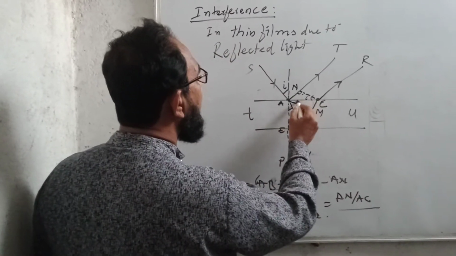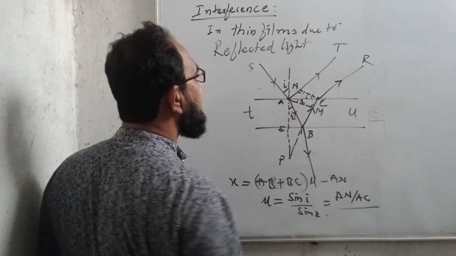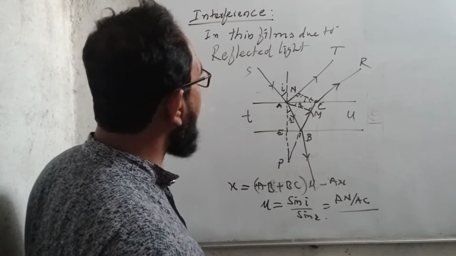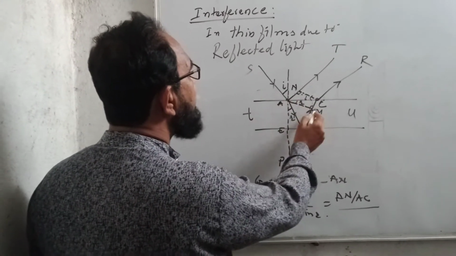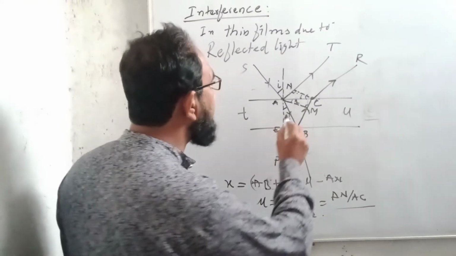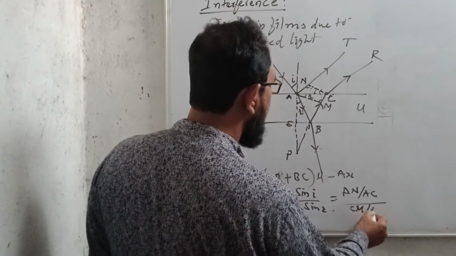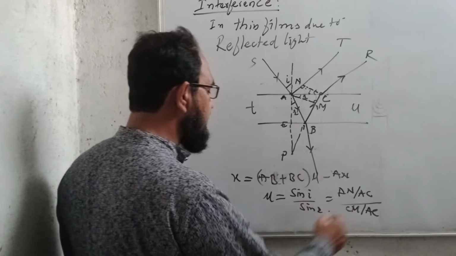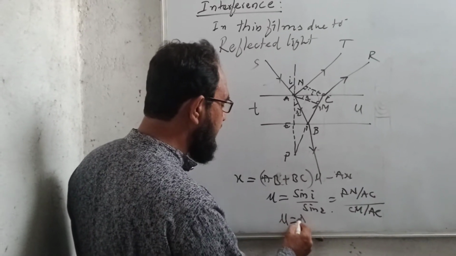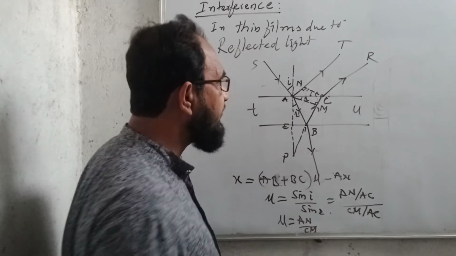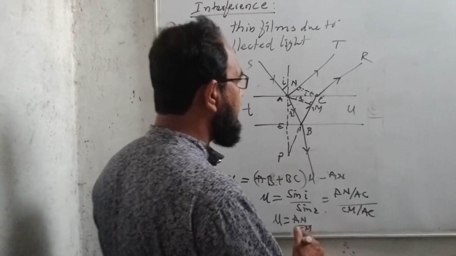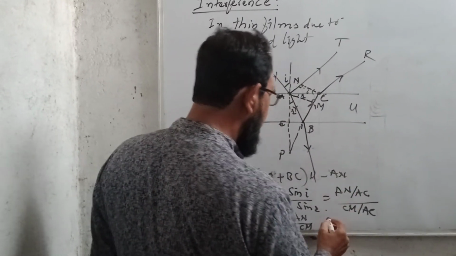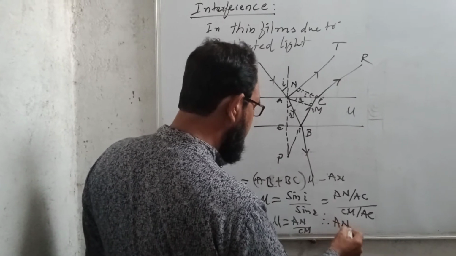And if this angle is r and this is 90 degrees, then in triangle AMC, sin r is opposite CM upon AC. So AC gets cancelled and you get the refractive index mu equal to AN upon CM. Now for AN I will write AN is equal to mu CM.